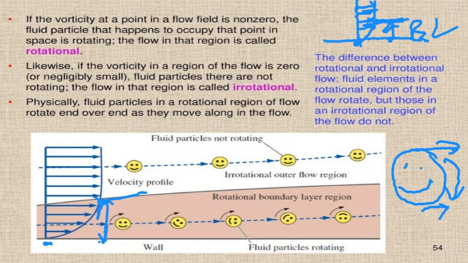Outside the boundary layer, the viscosity effects are not felt because the fluid moves as a whole without any velocity changes between the layers. So outside the boundary layer, which we call the irrotational region, the fluid particles do not rotate.